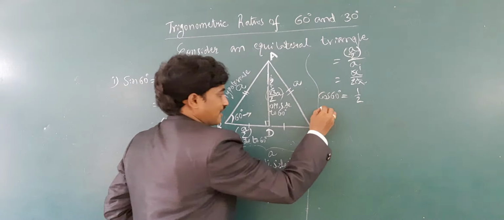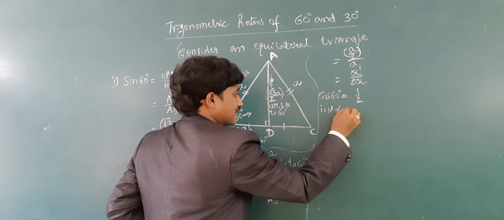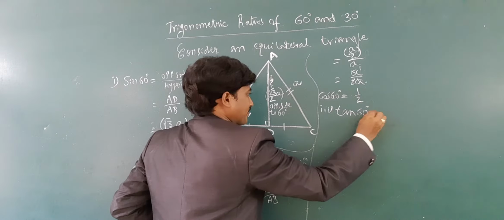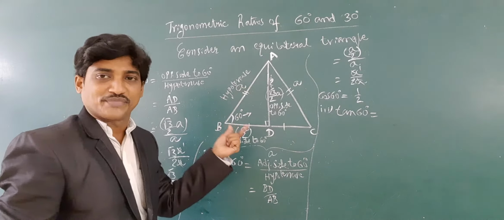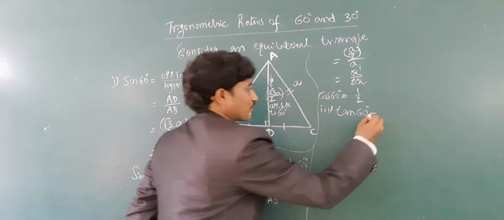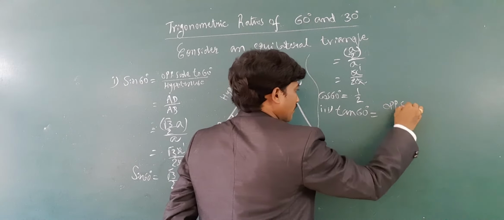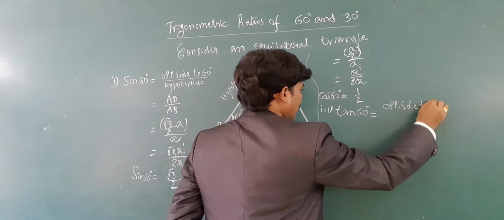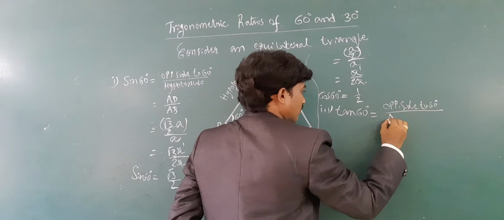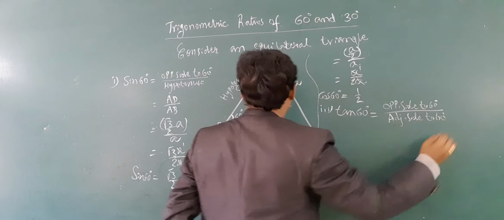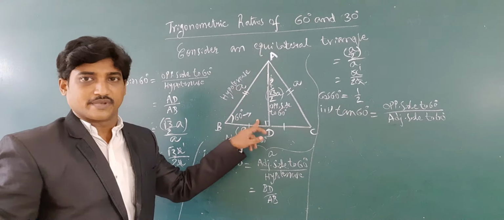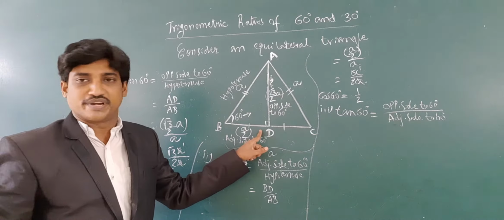Next, third trigonometric ratio, tan 60 degrees. Tan 60 degrees is the opposite side to 60 degrees by the adjacent side to 60 degrees. The opposite side is AD. The adjacent side is BD.